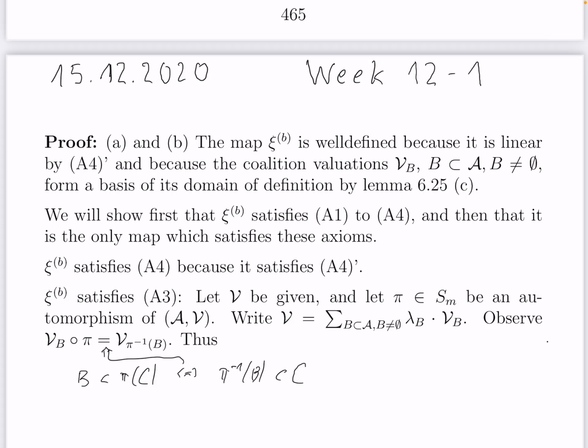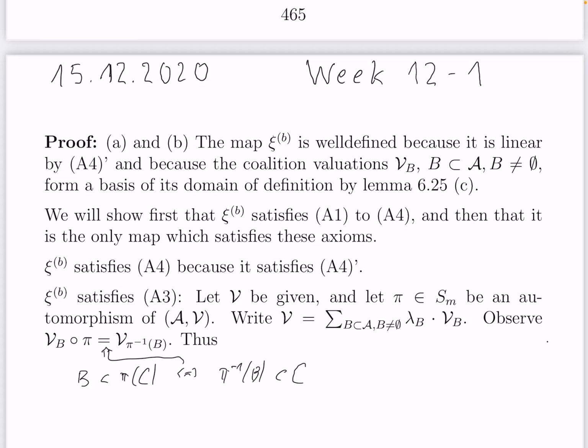And then first we have a general statement. The composition of any coalition valuation VB with a permutation is the same as the coalition valuation V pi up to minus 1 of B. Here I already wrote the reason.